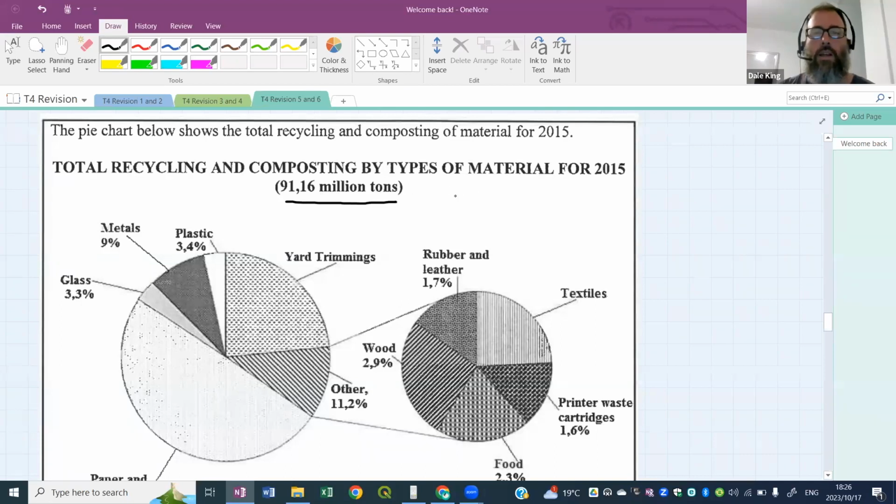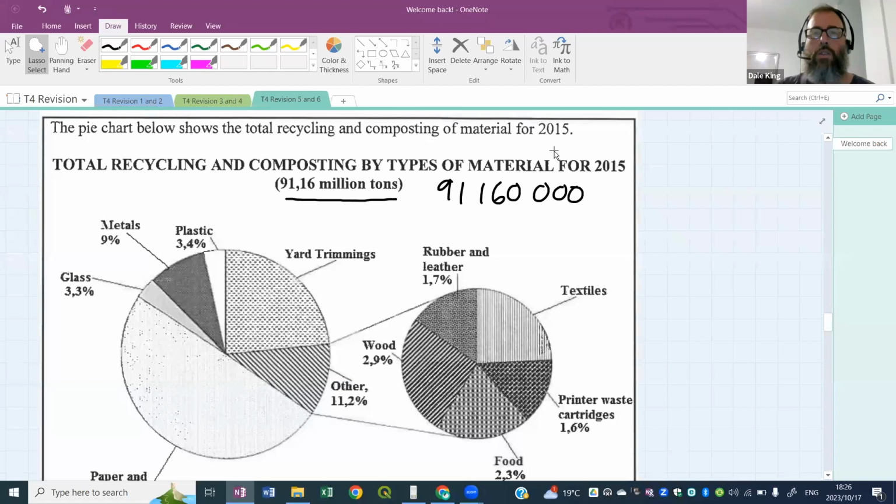So if I had to write that out, it would be 91,160,000. Let me just move these 3 over. Hope you guys see that. That 91,16 million looks like that. 91,160,000.